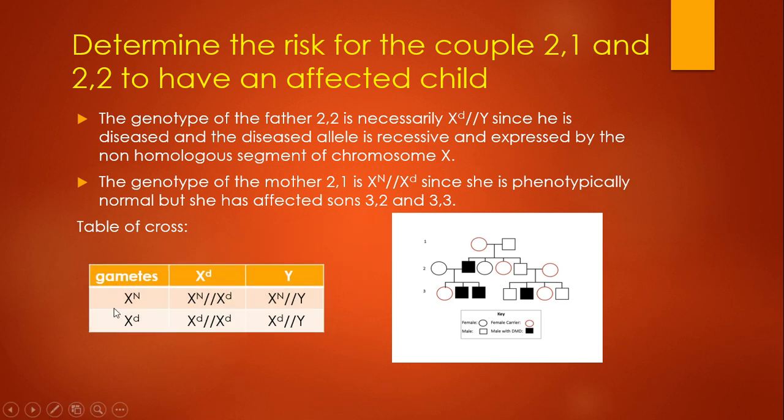Now we shall draw the table of cross, the Punnett square. The gametes of the male are XD and Y, and the gametes of the female are XN and XD.